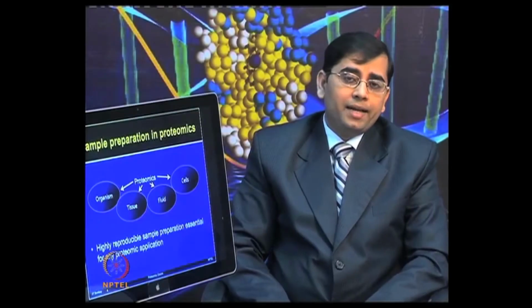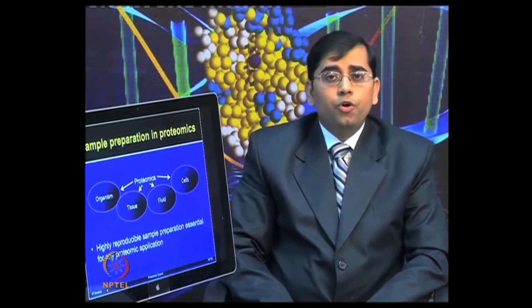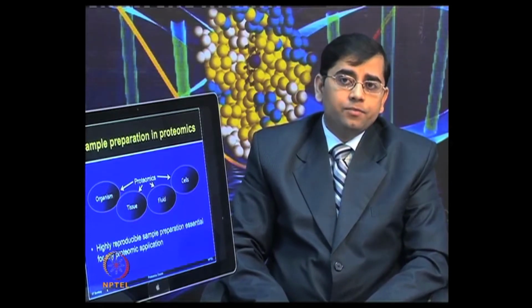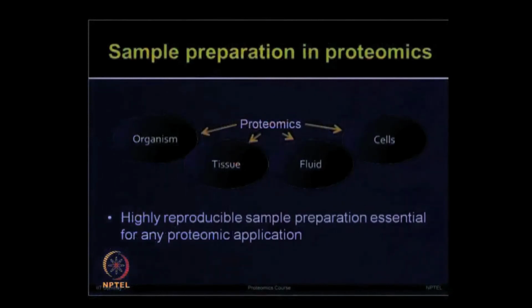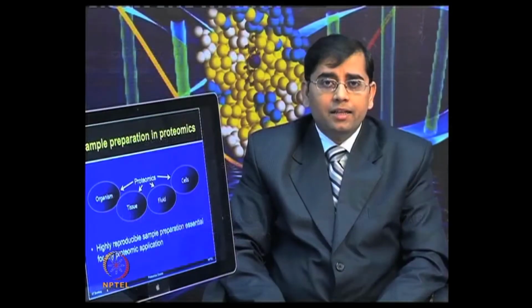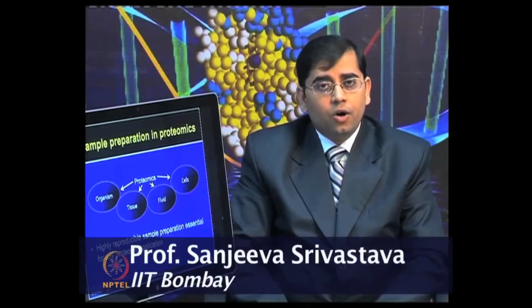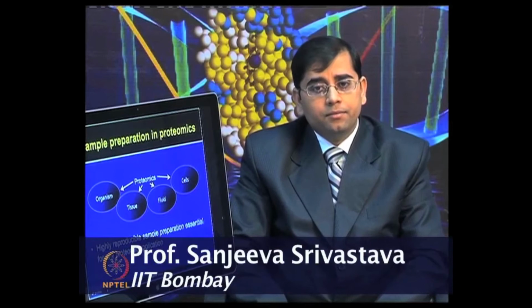Proteome is very complex. Whether you want to perform your proteomic analysis for the whole organism, it means you want to know all the proteins present in a given organism or in a tissue or in body fluids or in different types of cells. Proteomics can be global or it can be very targeted or expression based.